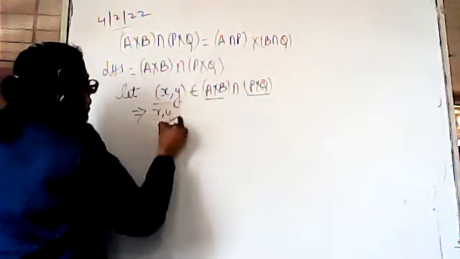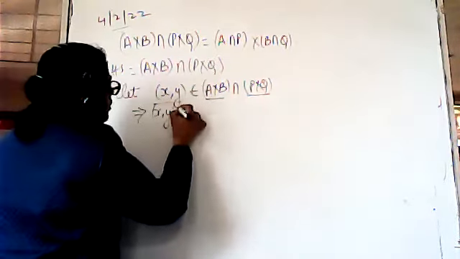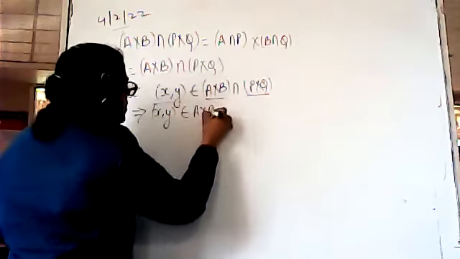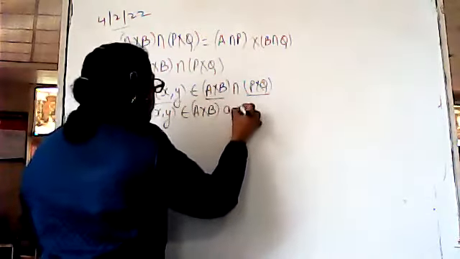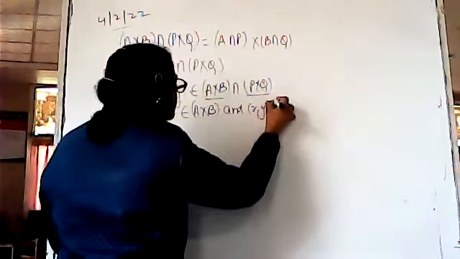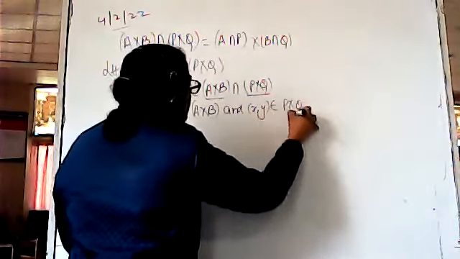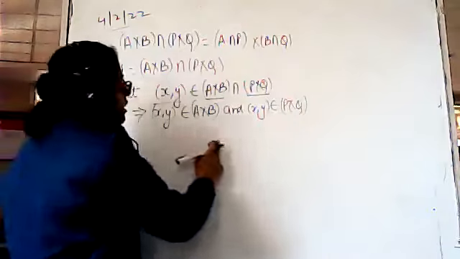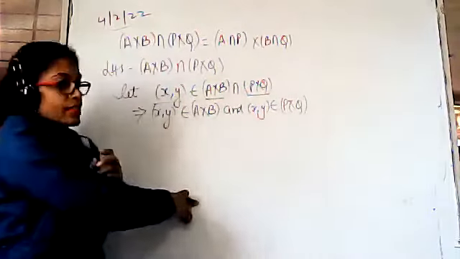I hope that you all remember the definition of intersection. Implies that xy belongs to A cross B and xy belongs to P cross Q. Intersection means the element will belong to this set as well as the element will belong to second set.